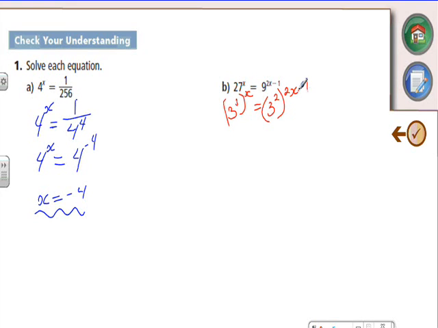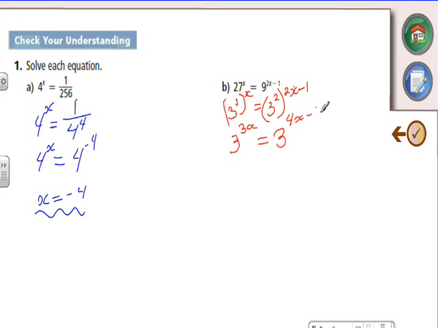And this is why I went over all those rules, because now we're going to have to use our exponent laws when we've got power of a power going on here. So we've got 3 to the 3x, multiplying the exponents there, equals, again we're multiplying the exponents, distributing it in as we multiply, 3 to the 4x minus 2.